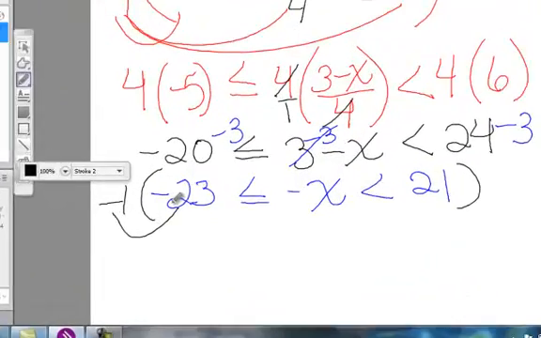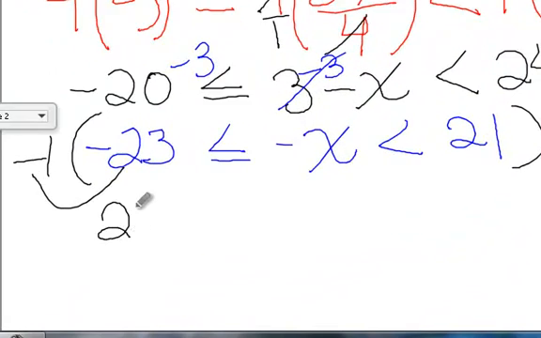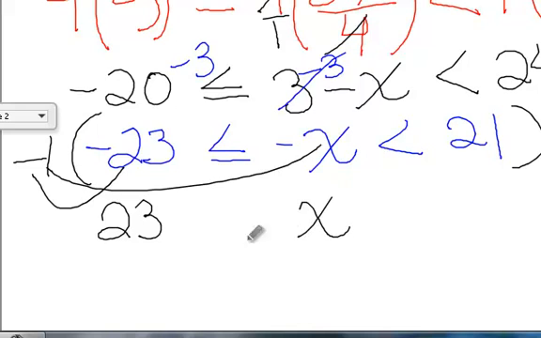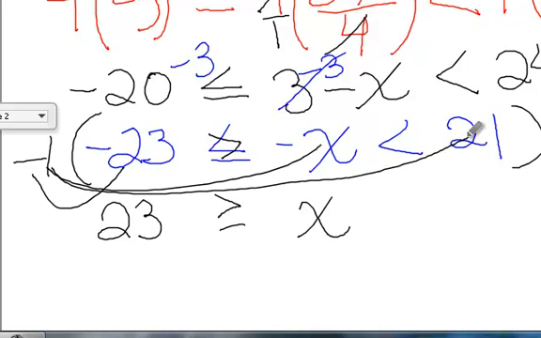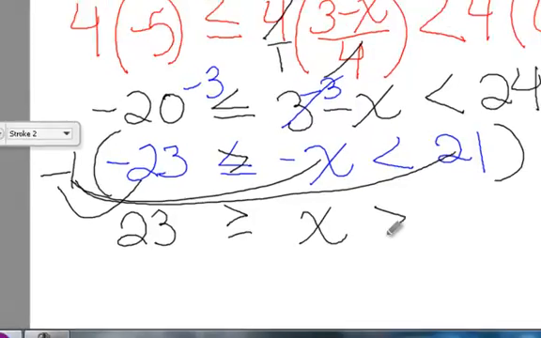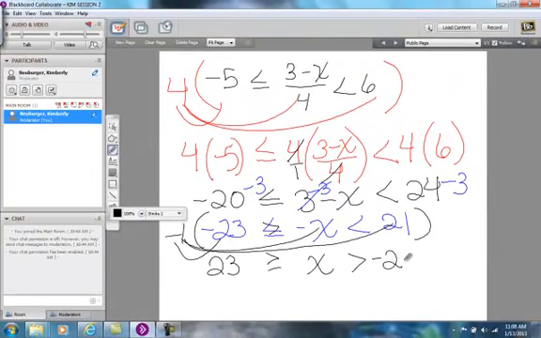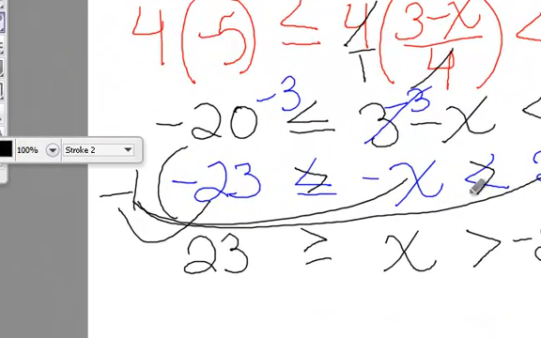So negative 1 times negative 23 will give us a 23. Negative 1 times negative x will give us a positive x. And since we're multiplying by a negative 1, we will reverse this symbol around. And it will look like that. And then negative 1 times 21 will give us a negative 21. Notice that I reversed the symbol there because I multiplied by a negative 1.